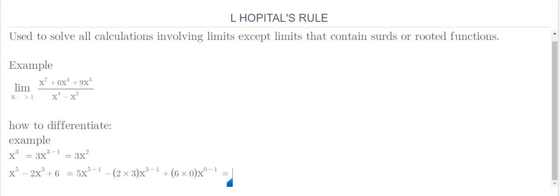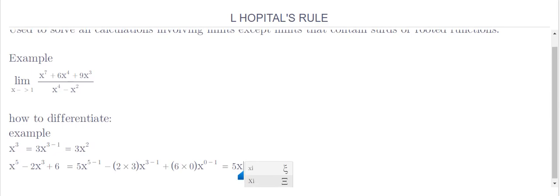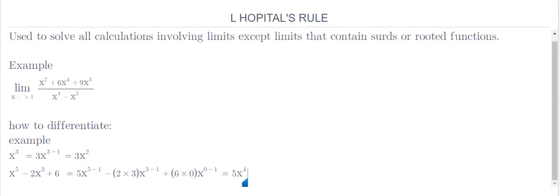Now this simplifies into 5x raised to the power 4, since 5 minus 1 is 4, minus 2 times 3 is 6, x to the power 3 minus 1, so that is power 2.